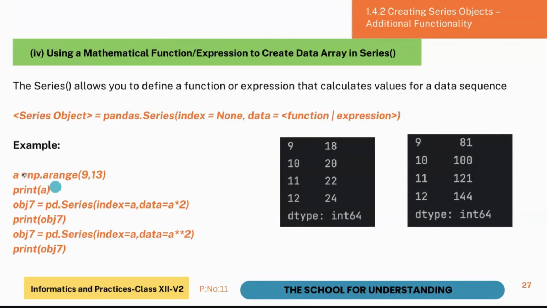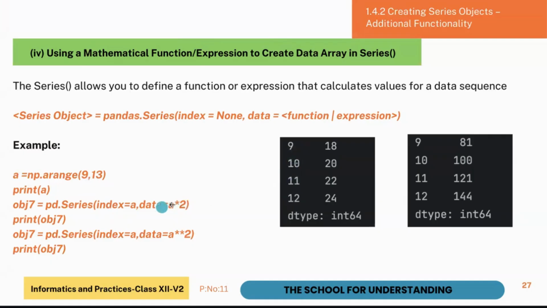This is an array; np.arange will give an array, so I'm passing that as the index here. But in the case of data, I'm just passing an expression. Look at a*2. A is nothing but this value. A*2. Look here, A is nothing but the index here, right? 9, 10, 11, 12 are the index A.